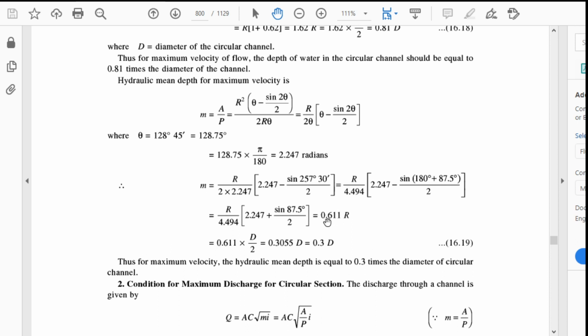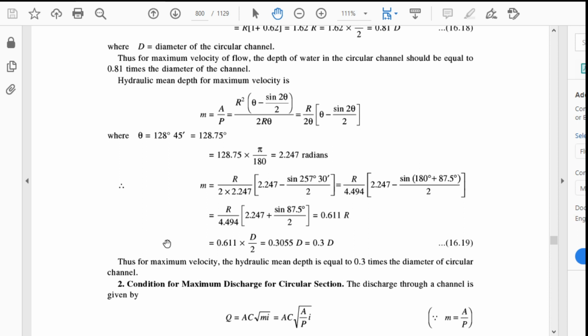You will get the value of m as 0.611 r. Okay, but if we have to know the value in terms of diameter, then this r can be written as d by 2.